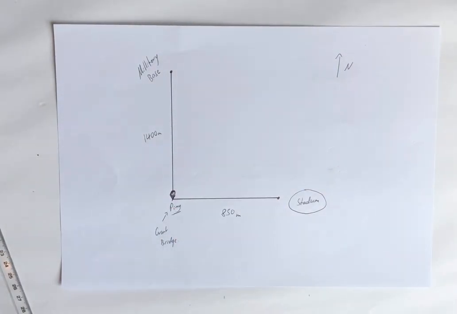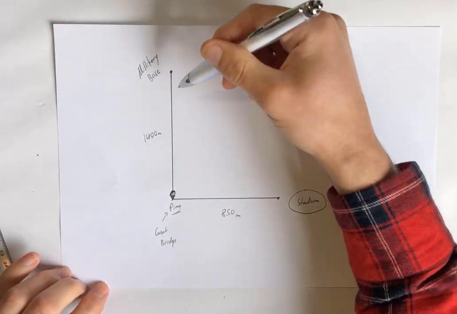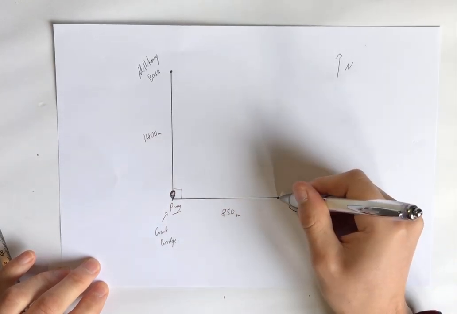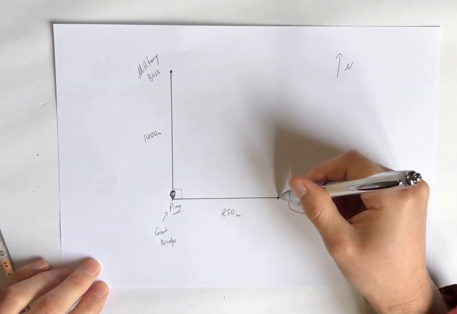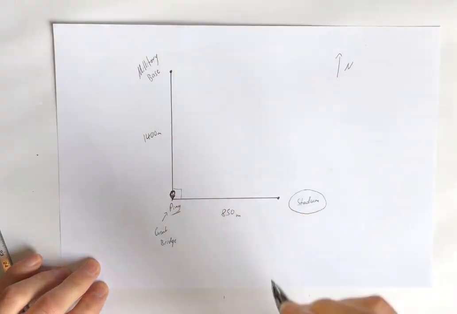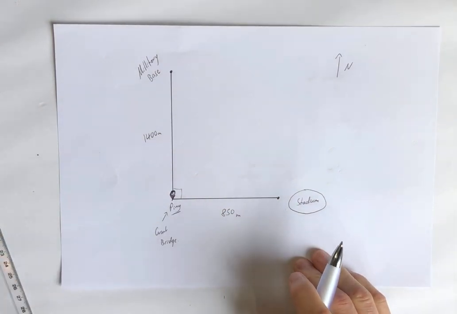So what I wanted to understand was how far apart they are, because it's a right angle triangle, but I want to know the bearing that the person at the stadium would have to walk to get to the military base, and I want to know the bearing that the military base would have to walk to get to the stadium.